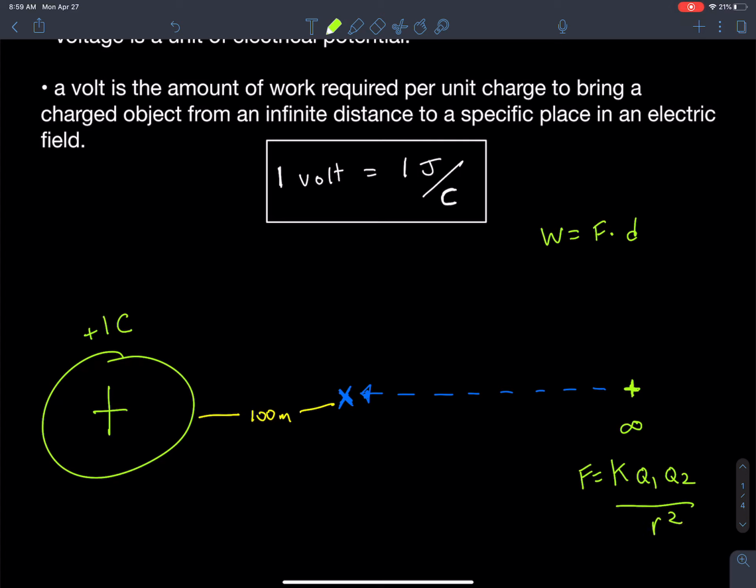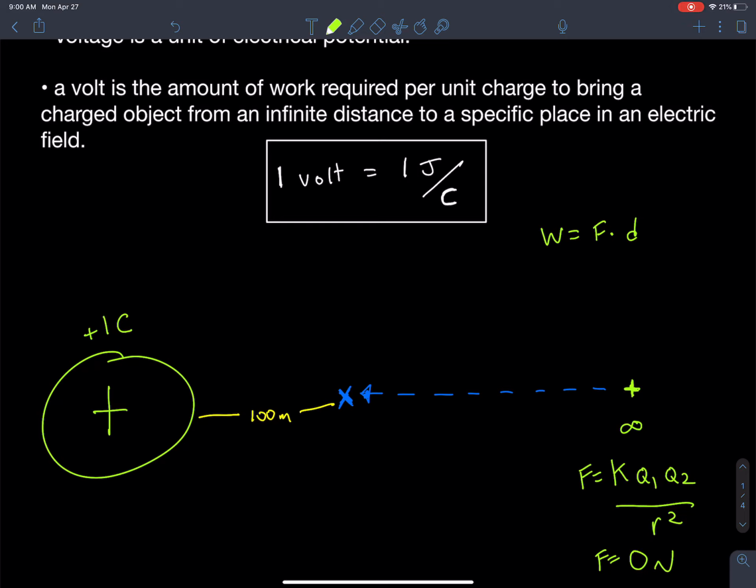K is going to be Coulomb's constant, 8.99 times 10 to the 9. Q1 is going to be this charged object over here. Q2 is the charge on that object, and r is the distance separating those objects, squared. Okay, so if I'm an infinite distance away, infinity squared becomes a very, very large number. So we can say that an infinite distance away, my force is basically 0 newtons.